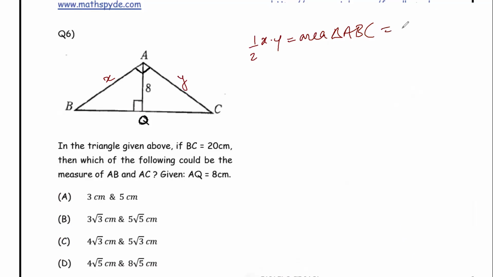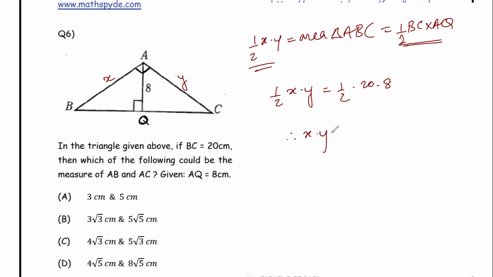And the same area is also half BC base into AQ height. So therefore these both are equal. So half X into Y is equal to half 20 into 8. So therefore X into Y is equal to 160.